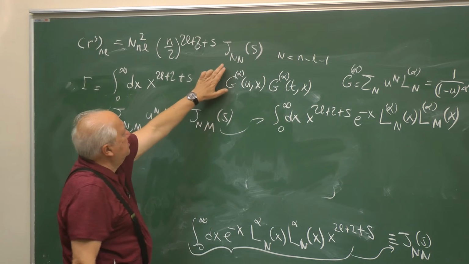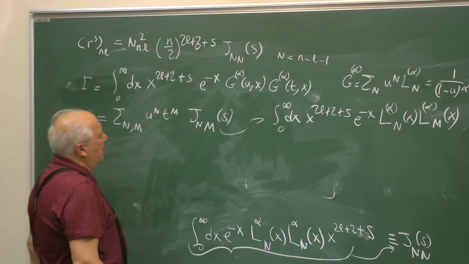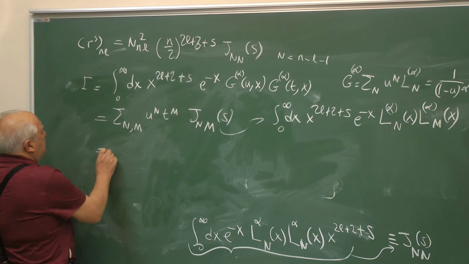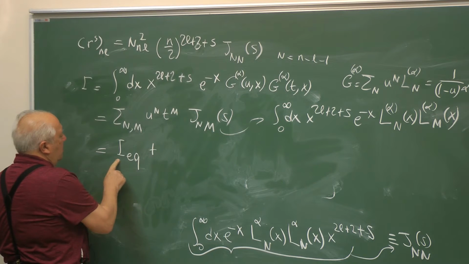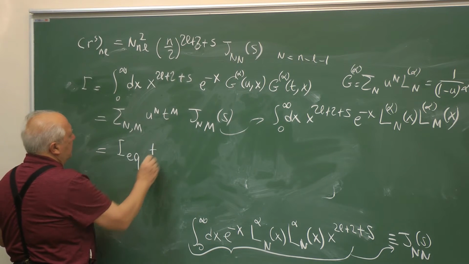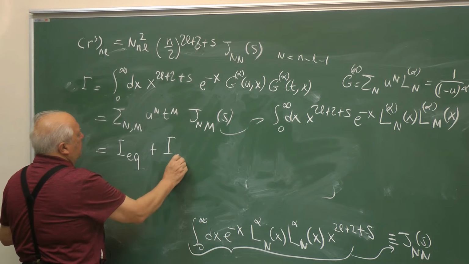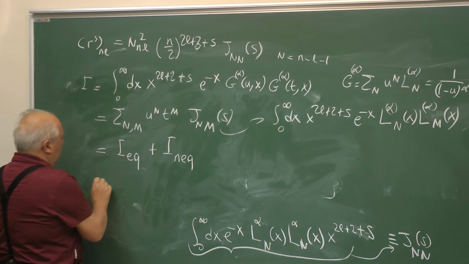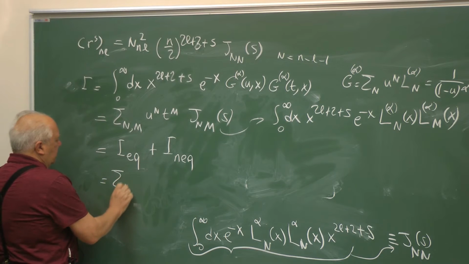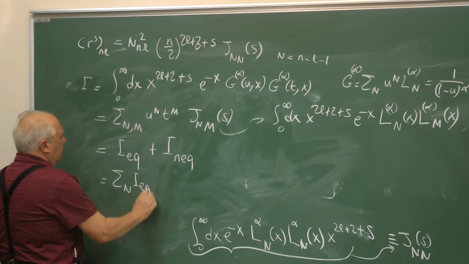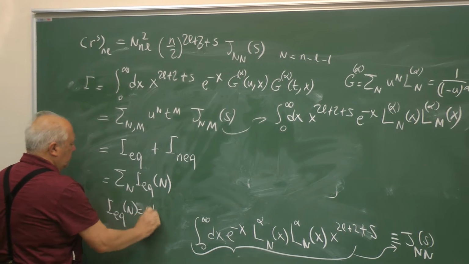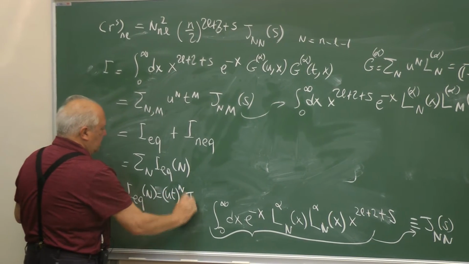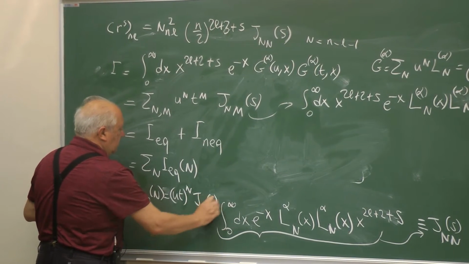That will be our integral, and we will put that in. We can write this integral, therefore, like this: I equal powers of u and t plus I non-equal powers of u and t. And I equal is something like this: I equal is the sum over n of (ut)^n J_n s.